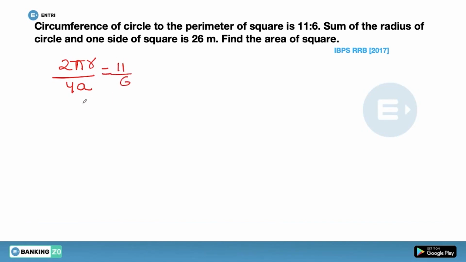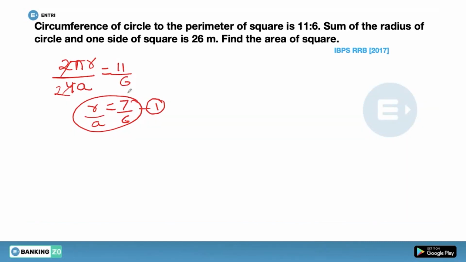This means I can calculate the value of r upon a. From 2, it is coming and it will be 22 by 7. That means 11 by 7. That means r by a is going to come 7 by 6. Let us keep this as equation number 1.